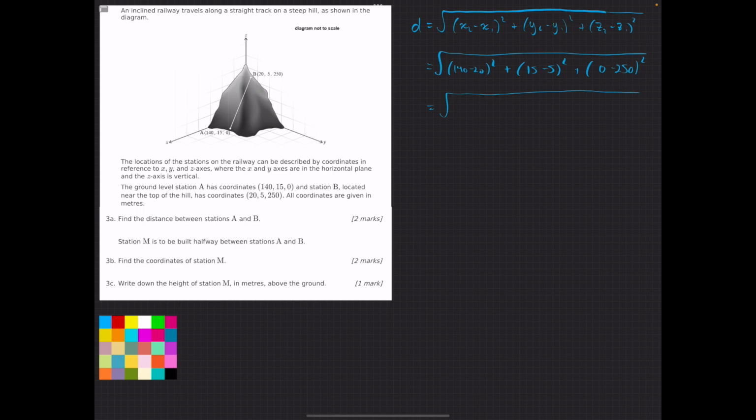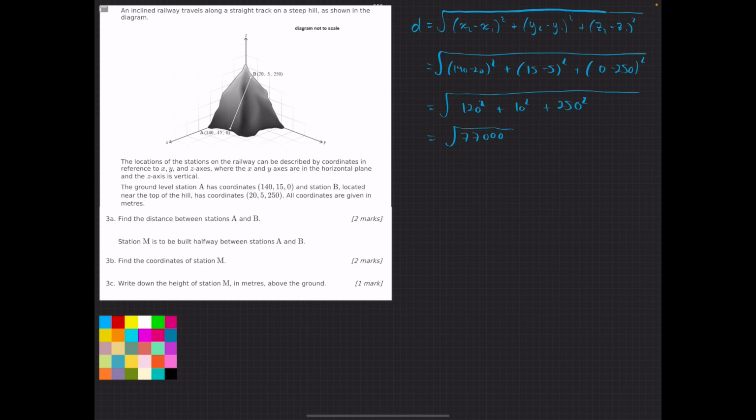This is 120 squared plus 10 squared plus 250 squared. I'm just going to get my calculator out. 120 squared plus 10 squared plus 250 squared is going to give us the square root of 77000.